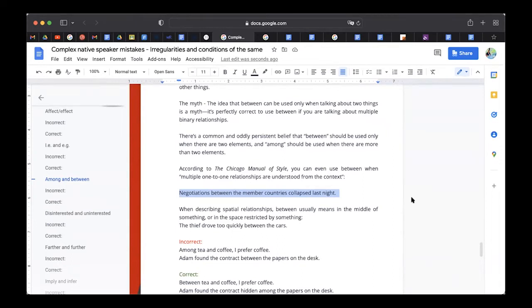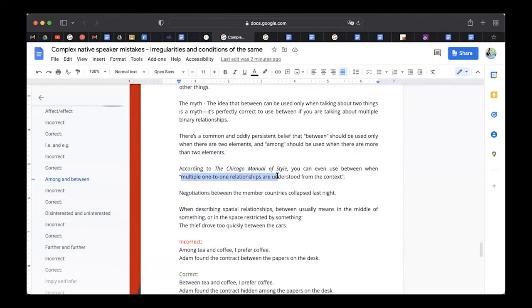Now, a binary relationship, a two-sided relationship between that particular member country and the rest in the group, all of them fell out. So do you see that I'm not trying to establish that there are only two here? Multiple, so I've quoted it here. There is a grammar book known as the Chicago Manual of Style. According to that, multiple one-to-one relationships, if you can understand them through the context, you can use between. Making sense now, Mithilesh?